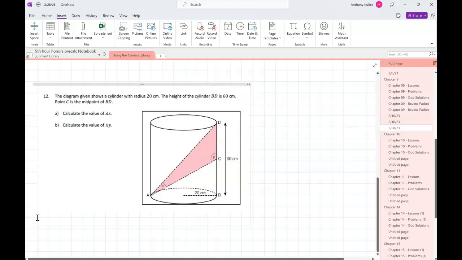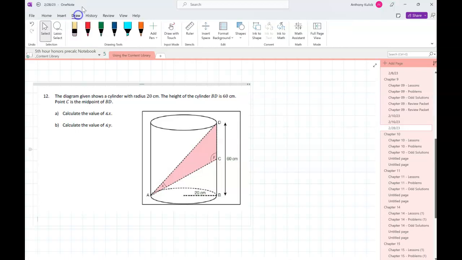Okay, so it says the diagram shows the cylinder with radius 20. The height of the cylinder, BD, is 60, and C is a midpoint. So that tells me that those are each 30, right? And it asks to find the value for angle X and then the value for angle Y. So the pink triangle that they've drawn in for us, what do we notice about this thing?